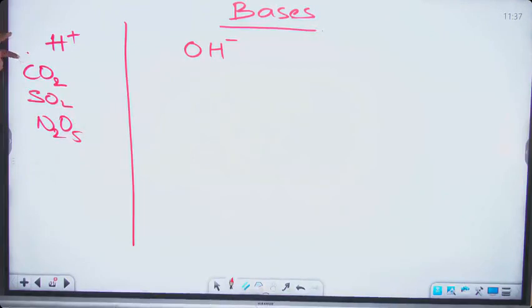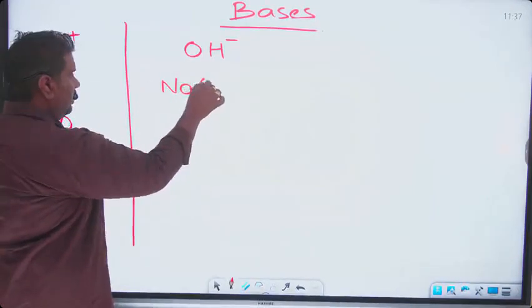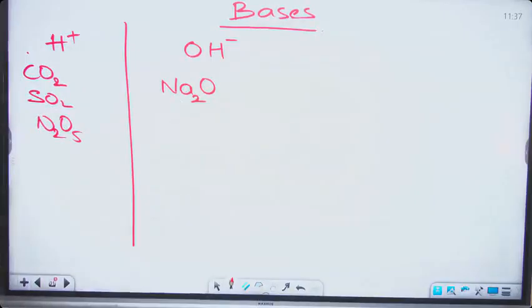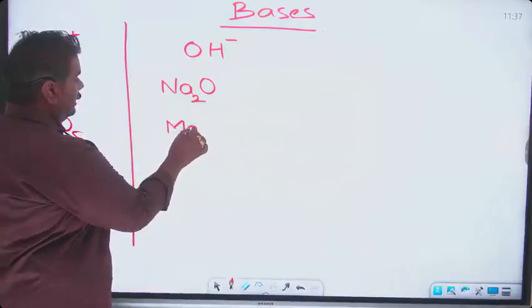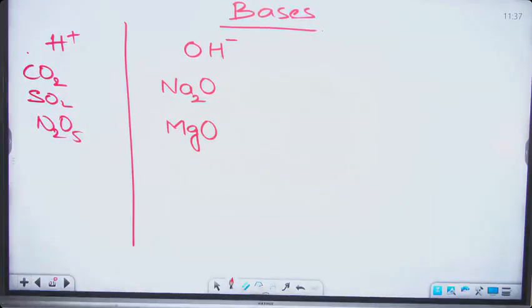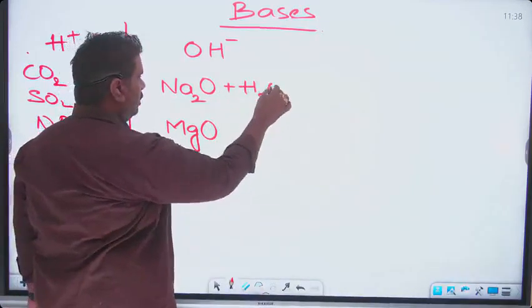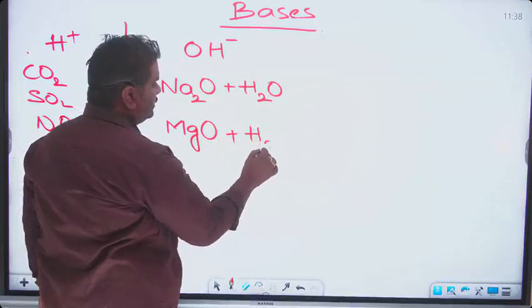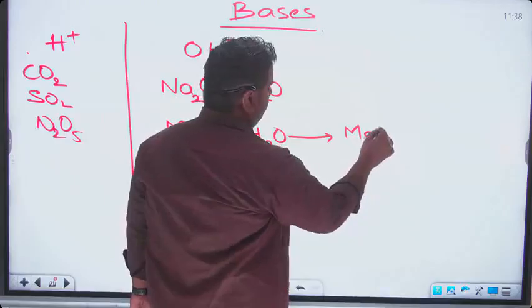So these are all non-metallic oxides, and bases are the opposite. Bases are formed when metallic oxides, for example sodium oxide, or suppose I'm talking about magnesium oxide, react with water. Whenever metallic oxides react with water, they give rise to bases.